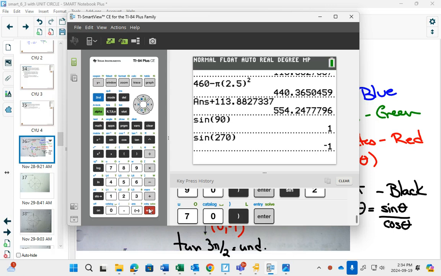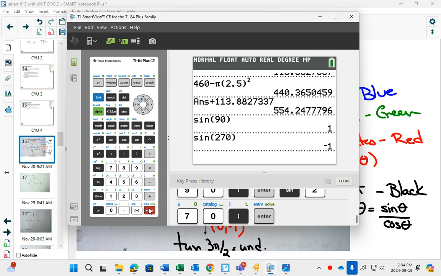So what we're doing right now is extending sine and cosine a little beyond what you originally learned. Originally, you learned right angle triangles, and sine was opposite over hypotenuse. What's the problem with 270 degrees? Draw me a triangle that has 270 degrees as one of its angles. Doesn't really work. So then we had reference angles.